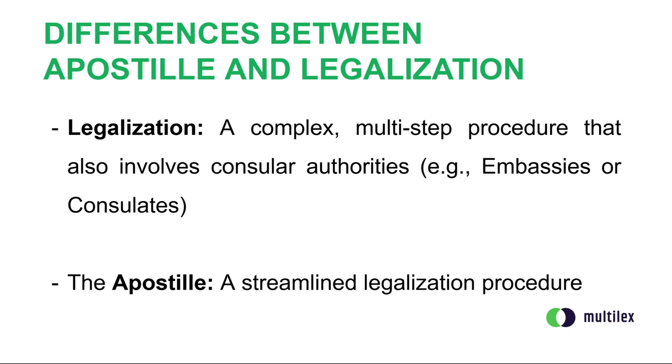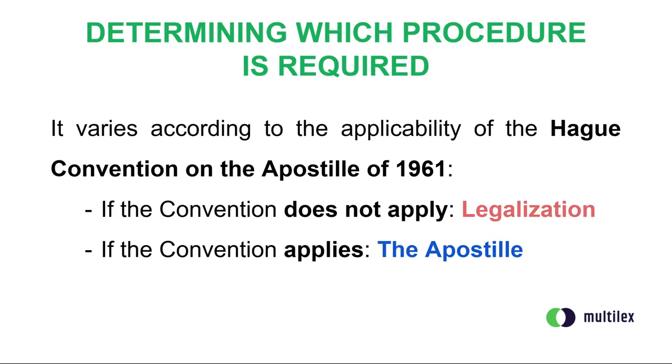Whereas the apostille is a streamlined legalization procedure because it only involves one public entity of the issuing country. So if you want to determine which procedure is required, please note that it varies according to the applicability of the Convention on the Apostille of 1961. If the convention does not apply in the specific case of the birth record extract for that country destination, then you will need legalization, so you will need to go through the consular legalization. If the convention applies, of course, you will only need an apostille.